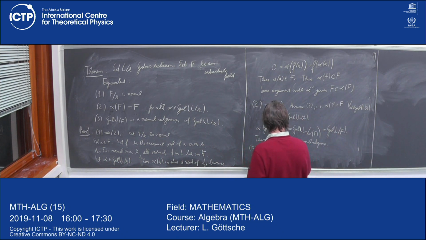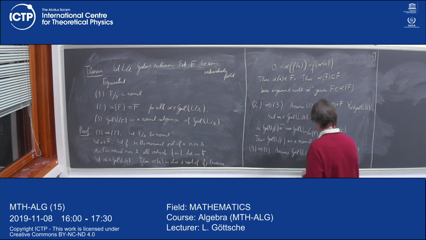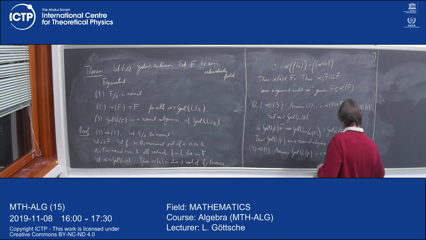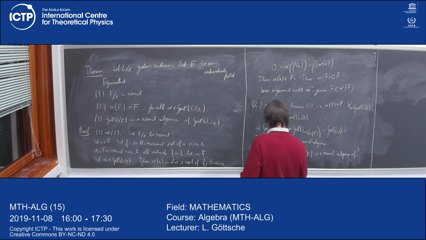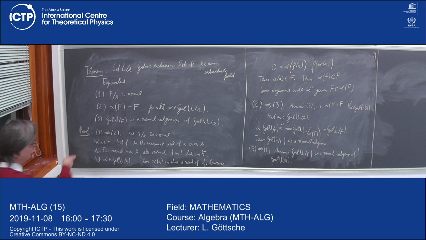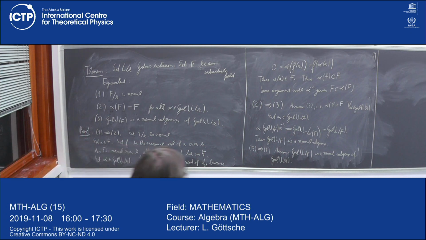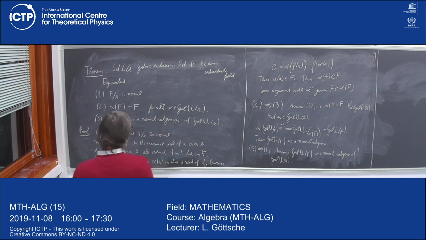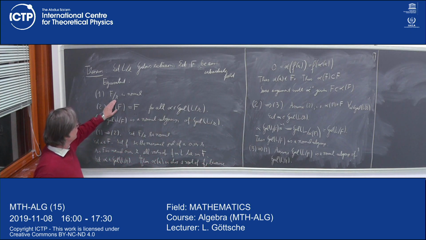So let's assume that the Galois group of L over F is a normal subgroup of the Galois group of L over K. Then we will eventually have to show that F over K is normal.